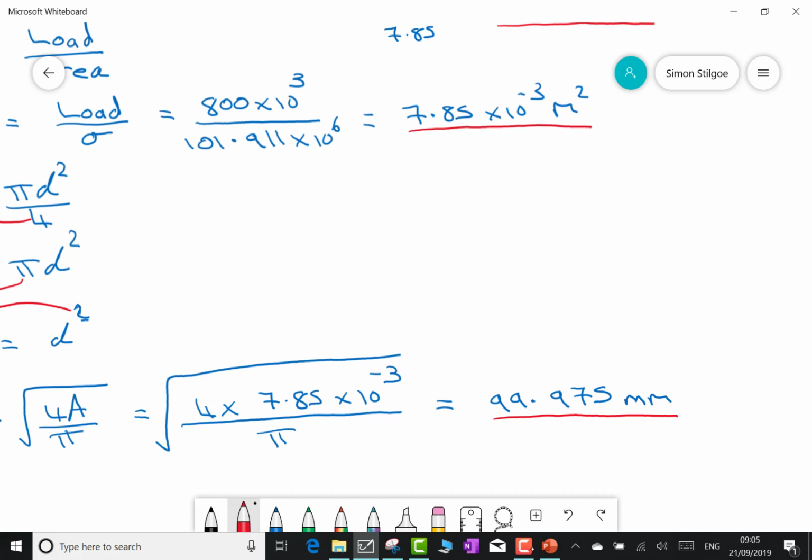Now, that number is very, very close to 100, so we could possibly expect to see on an exam that they would have rounded this off to possibly 10 centimeters. Hopefully you recall that there are 10 millimeters in every centimeter, so therefore 100 millimeters is 10 centimeters or 0.1 meters. Good little question, this one.